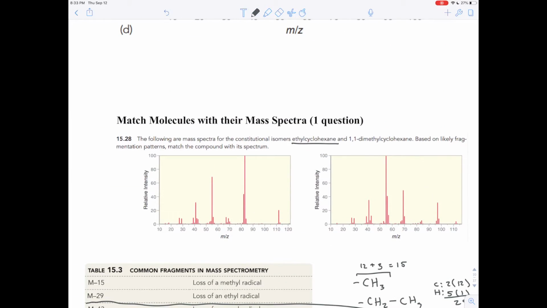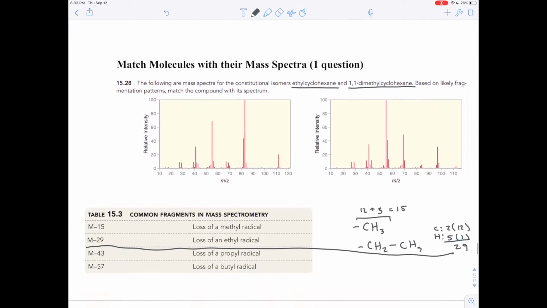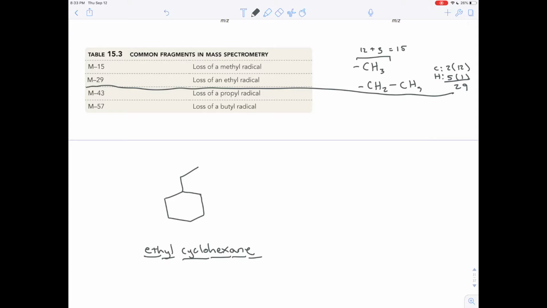The other constitutional isomer they give us is 1,1-dimethyl cyclohexane. Okay, so 1,1-dimethyl cyclohexane. So the cyclohexane is really the same. We have 6 carbons and they're going to be in a ring. 6 because hex, ring because cyclo.